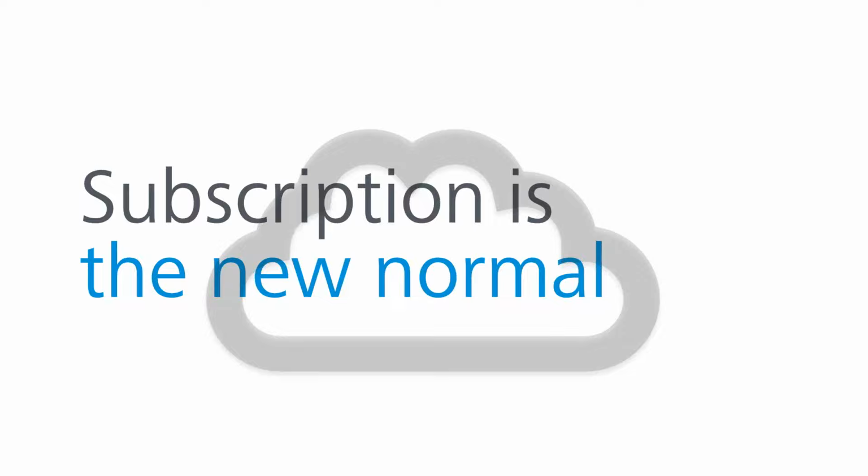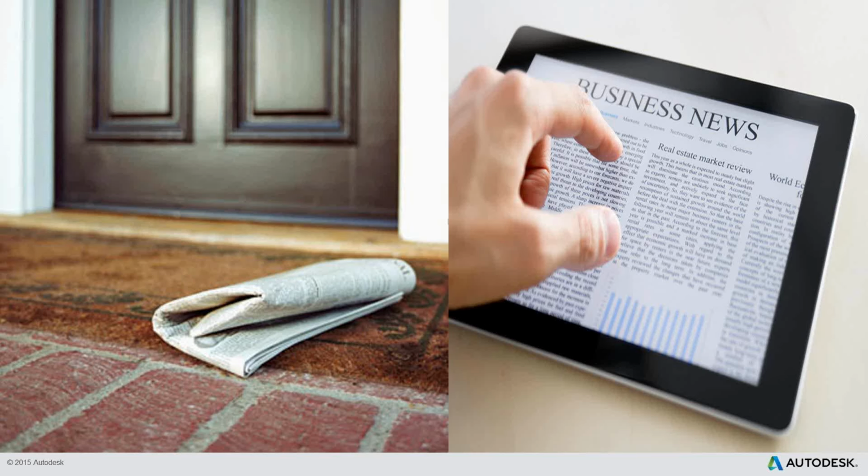So I wanted to step back and touch on some things that today have become the new norm, where just a few years ago we handled things differently. And again, it's all around getting access to information and data anytime, from any device, from anywhere. A few simple examples: digital news.